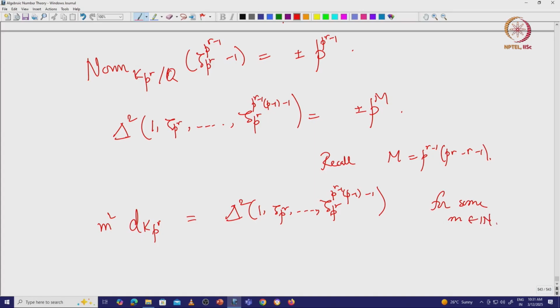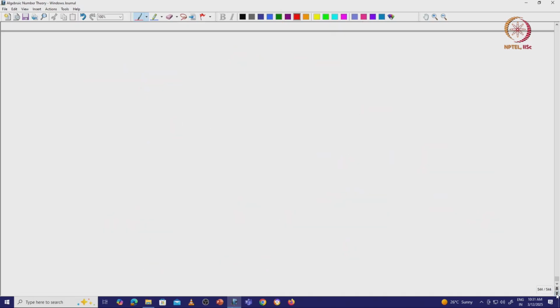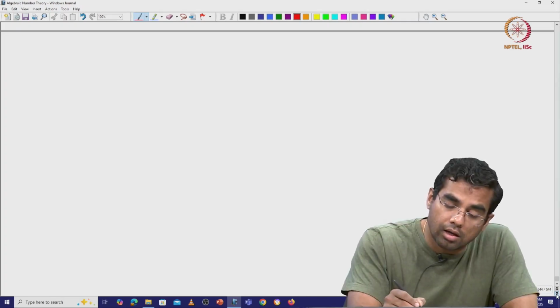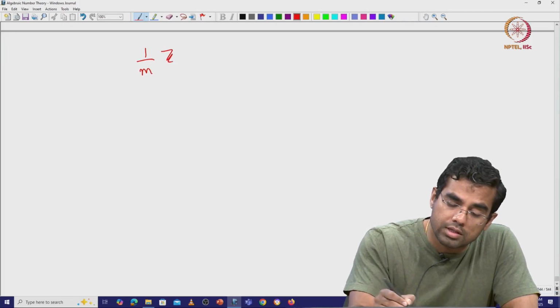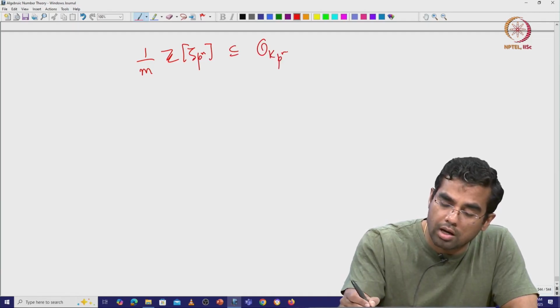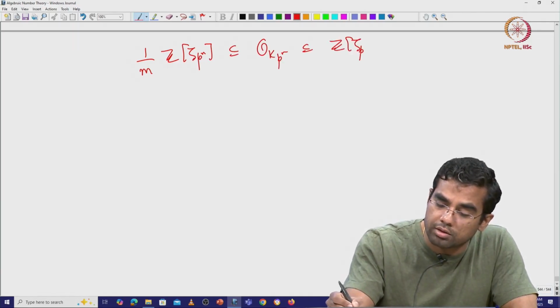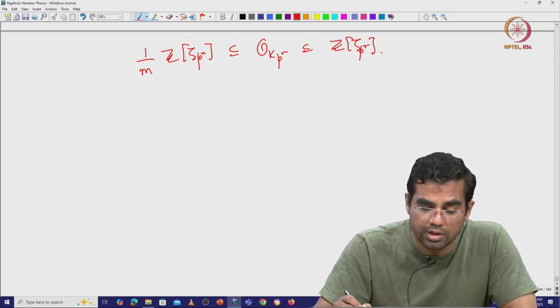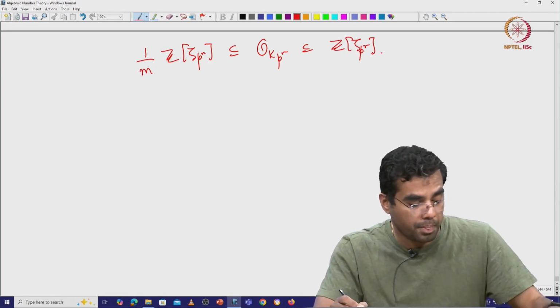We want to show that m is 1, and m is a power of p, because the discriminant of this quantity is also a power of p. What does this mean? This means that (1/m)Z[ζ_{p^r}] is contained in O_{K_{p^r}}, which is contained in Z[ζ_{p^r}]. So the only denominators that can occur are powers of p.